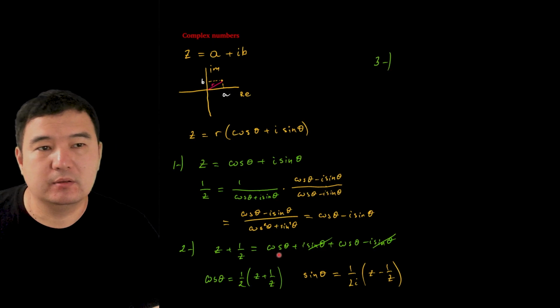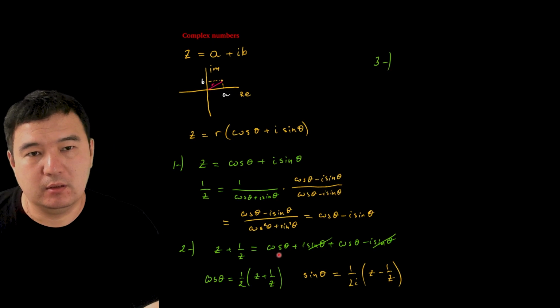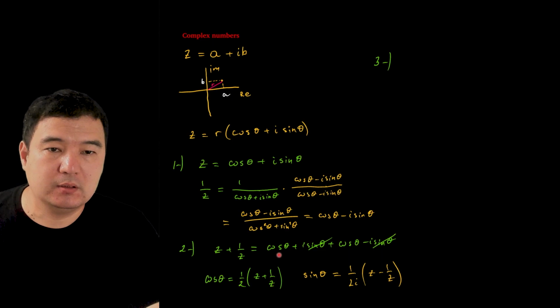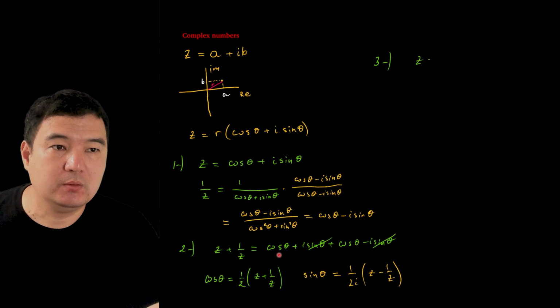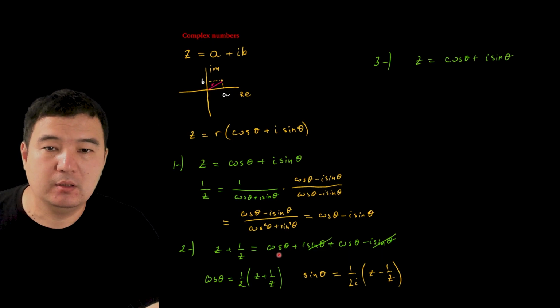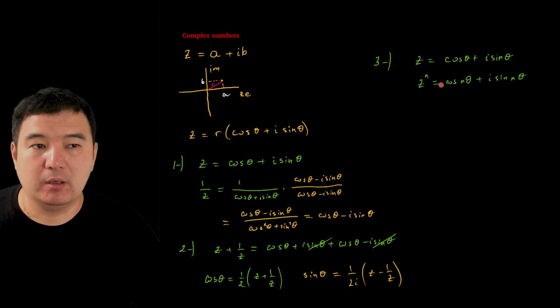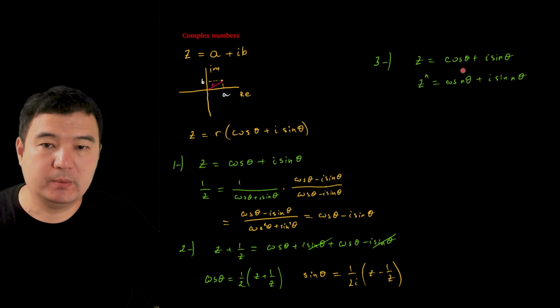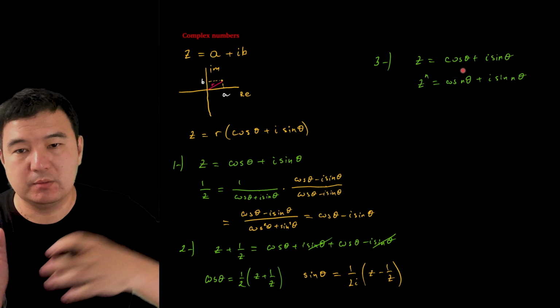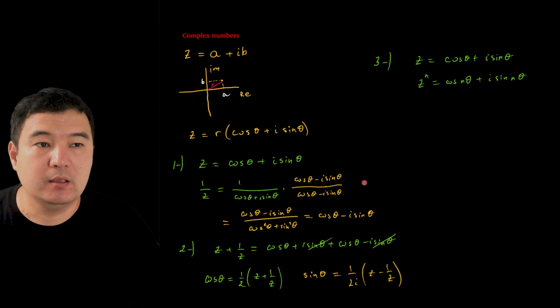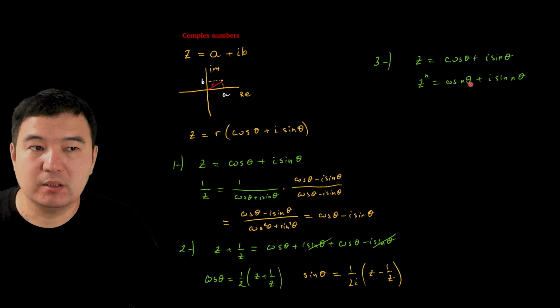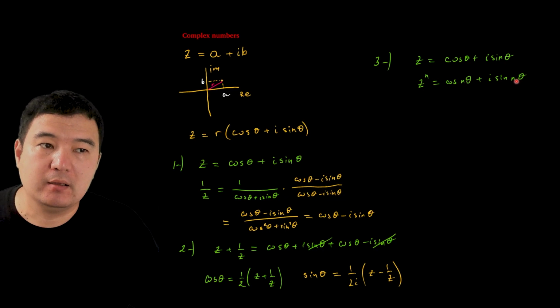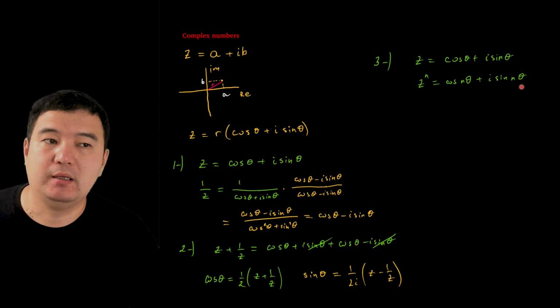And the last one, number 3, is a property of complex numbers that relates to its powers. This is a well-known formula. If you want the nth power, you don't have to multiply the number by itself and open the parentheses. In cosine form, you just need to multiply the angle by n. So z to the n is cosine n theta plus i sine n theta.